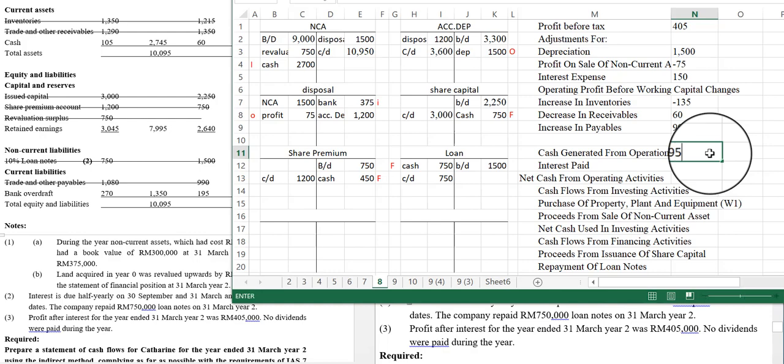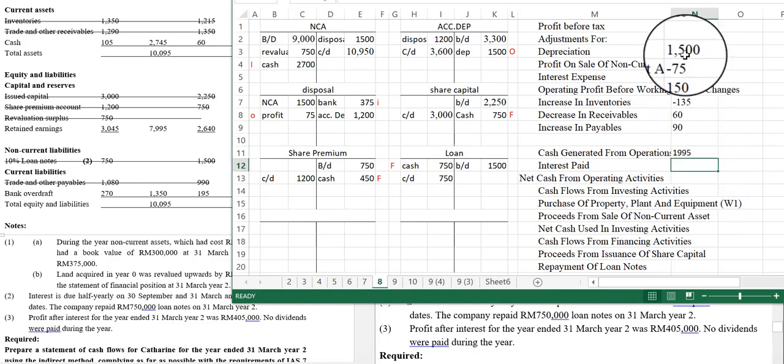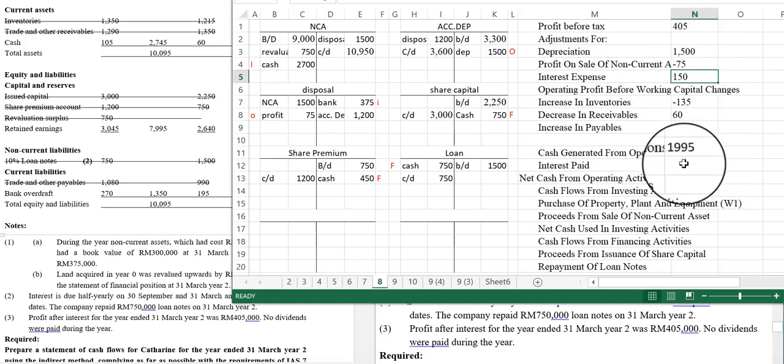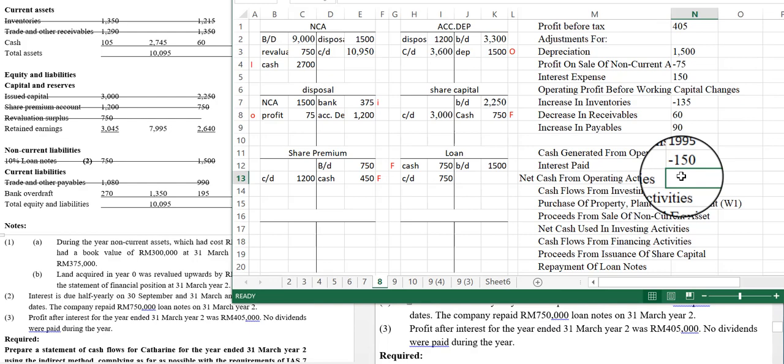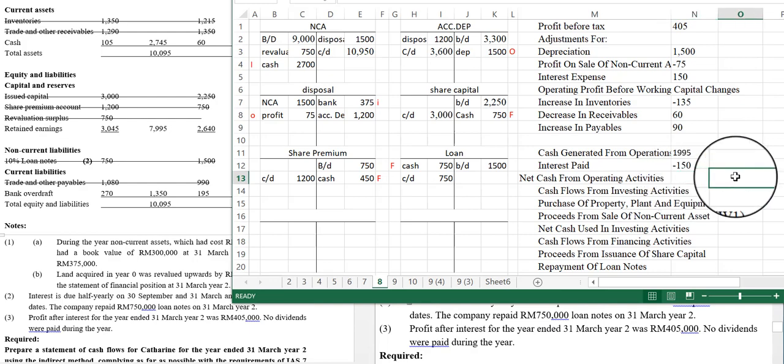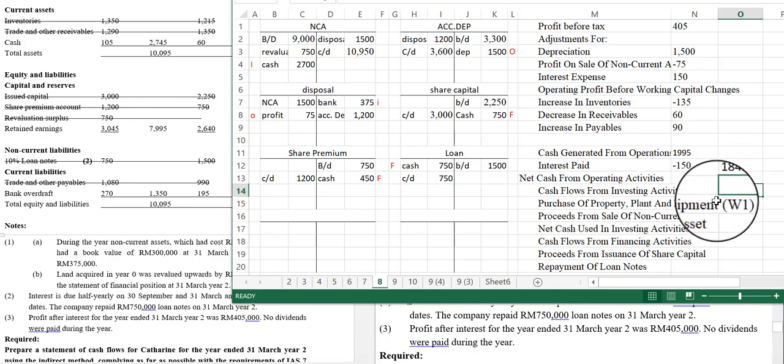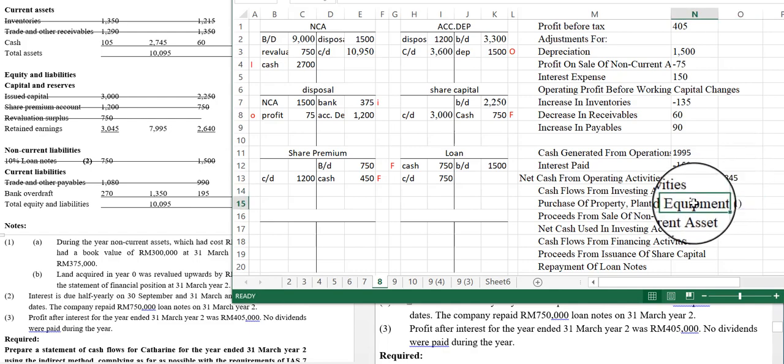So cash from your operations, in total you get 1995. Minus the interest paid, the same amount, 150, because in this question we don't have any interest payable. The figure will be different only when you have interest payable. So now the net cash flow from operating activities is 1845. Next one, purchase of property, plant, equipment.